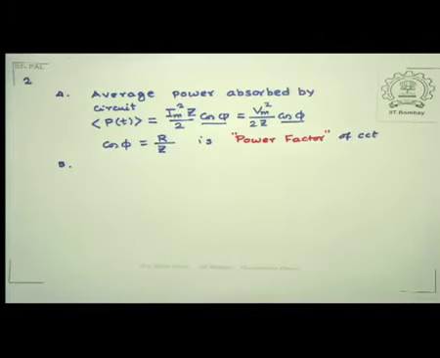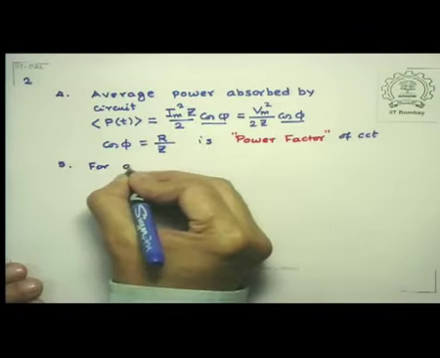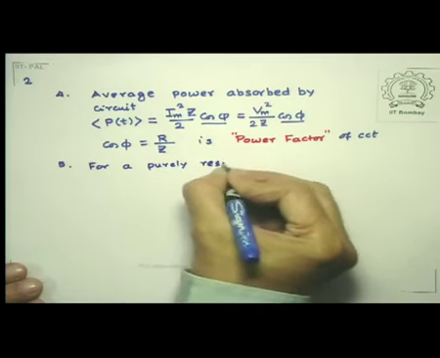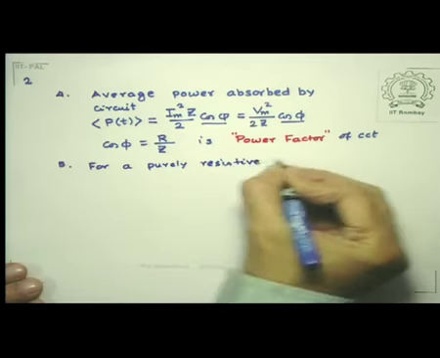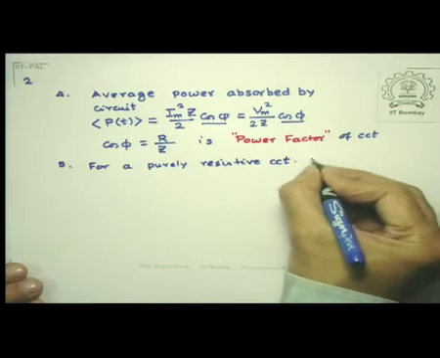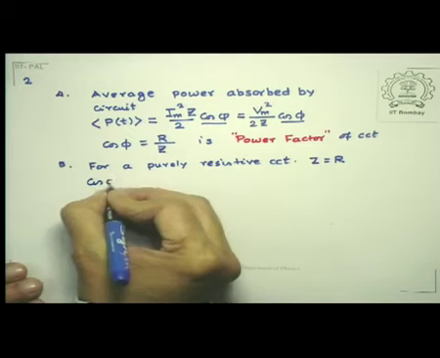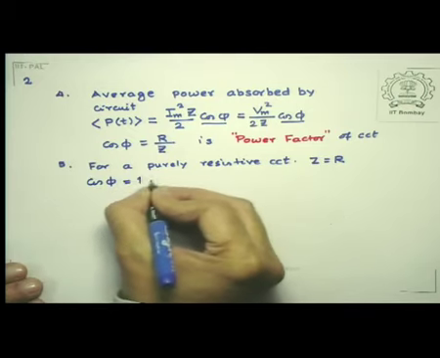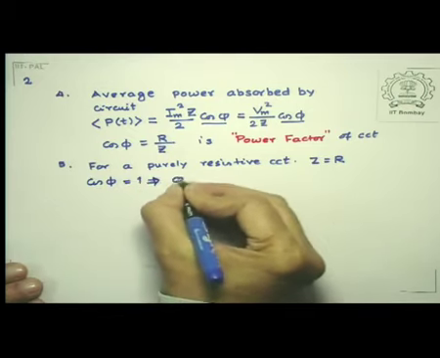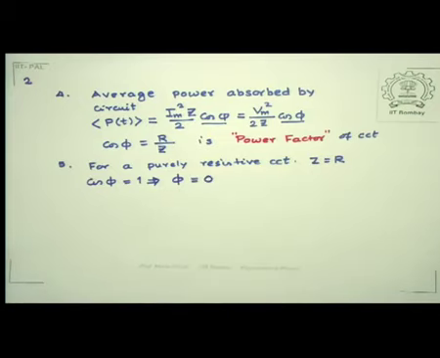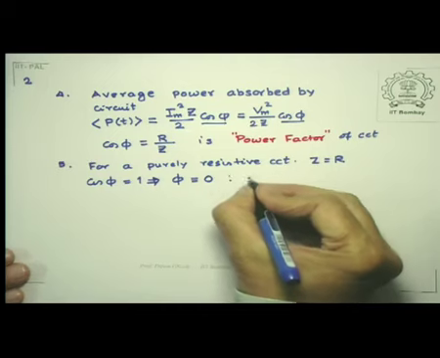Now, what we found is that for a purely resistive circuit, where Z obviously is equal to R, my cosine of phi is equal to 1, namely the corresponding phase angle is 0. And in this case, the circuit absorbs maximum power.